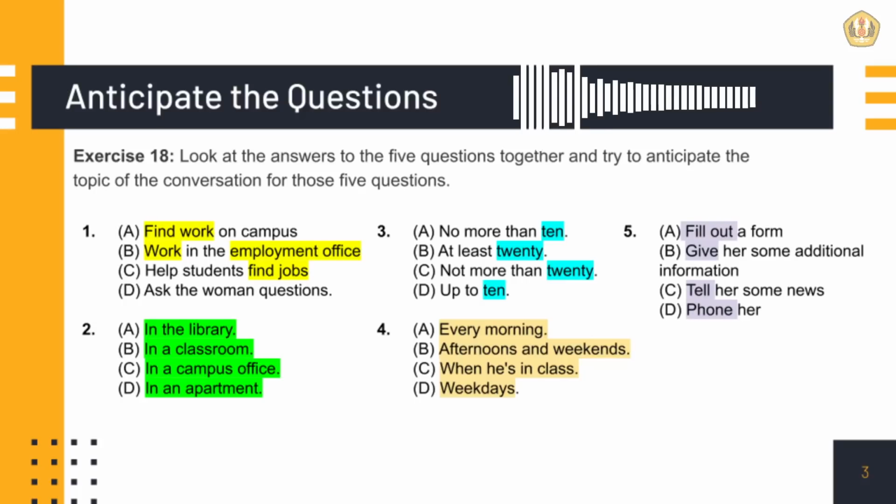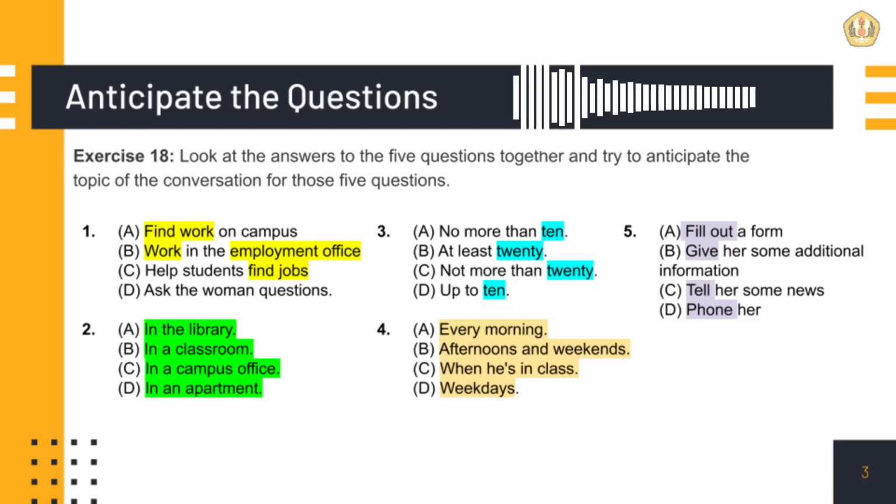And number five, as you can see here, all of the options are verbs: to fill out, to give her some additional information, to tell her some news, to phone her.